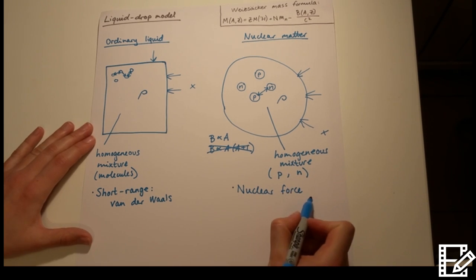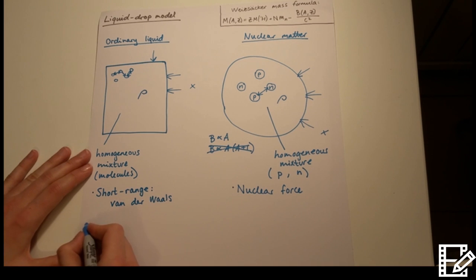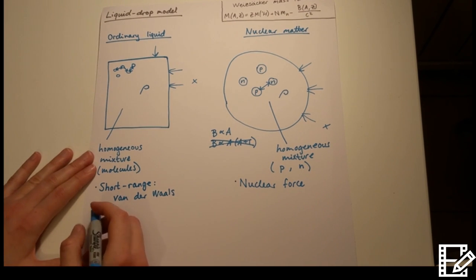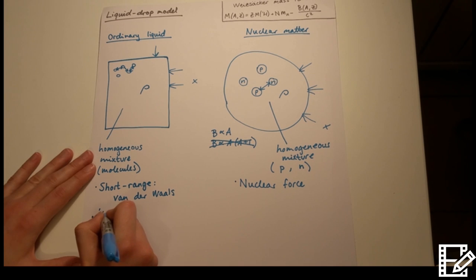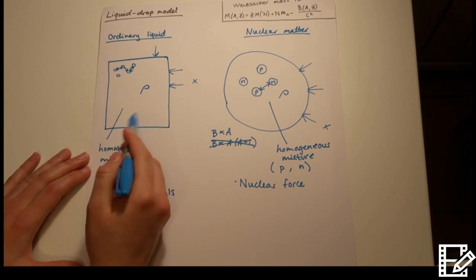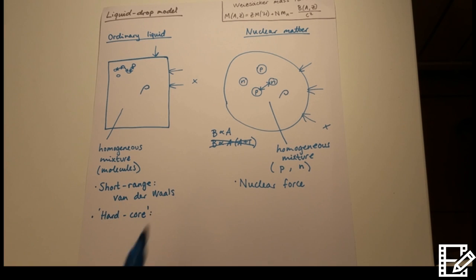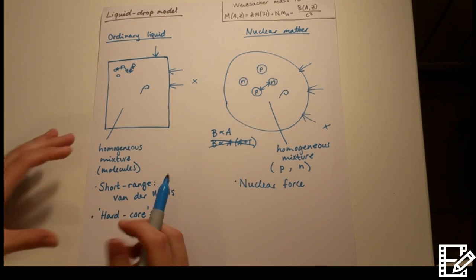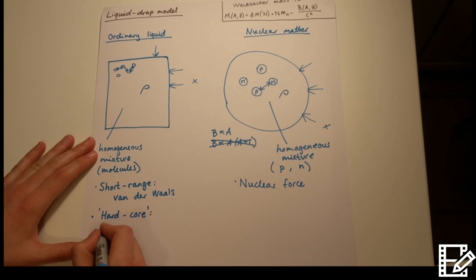This is also short range. Then we have a sort of hard core force, which essentially ensures that when the molecules are very close together, they don't get absorbed into each other. In this case here, it's Coulomb repulsion between the molecules.